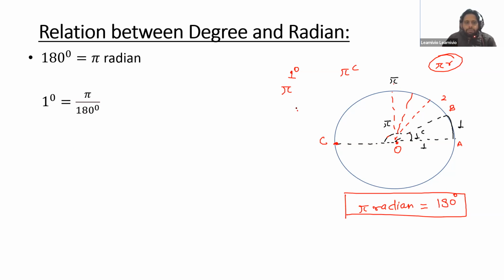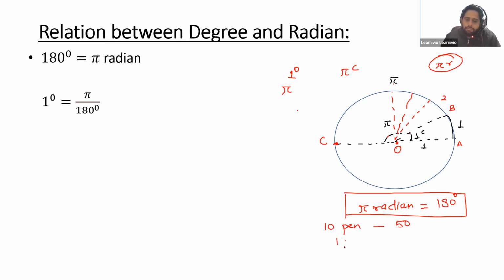Okay, now we need to convert. We will get questions of two types: first, convert degree into radian, and second, radian into degree. Whenever we need to convert a degree into radian, 180 degrees is equal to pi radian, so we will use this relation. There's nothing new. For example, 10 pens cost 50 rupees.